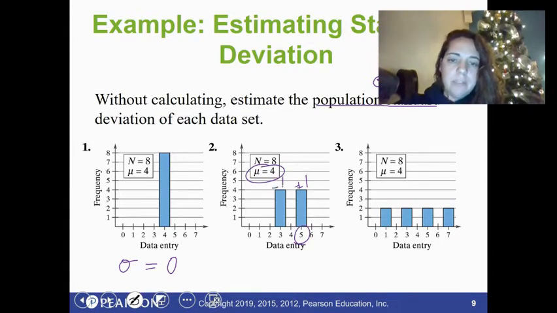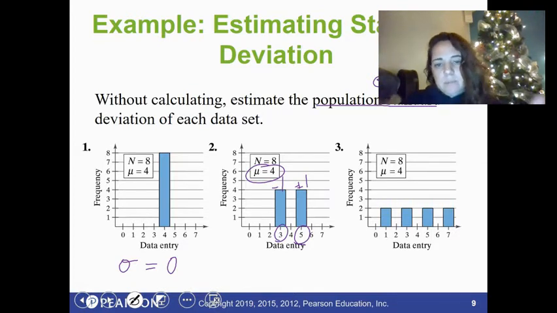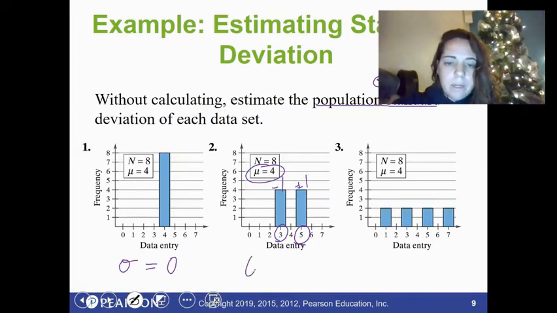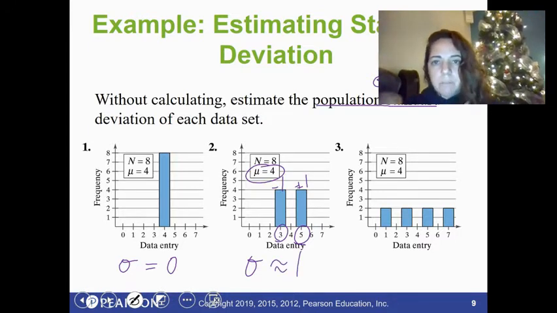And here we subtracted 1 to get 3. So most of your data is either adding 1 or subtracting 1. So as far as how spread out it is, it's pretty close to 1. My guess would be that the standard deviation is about 1. It either goes up or down 1 number from 4 to 5 or 4 to 3.